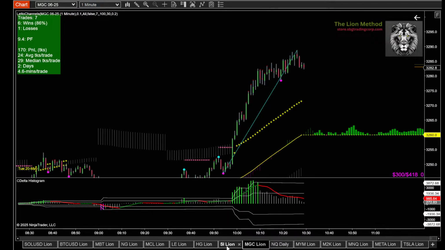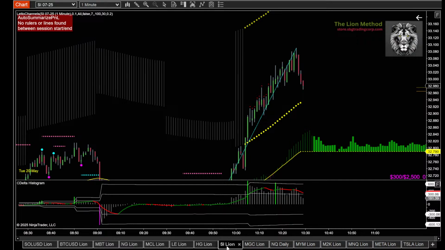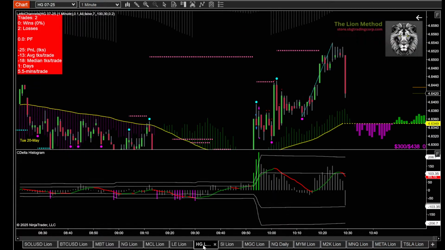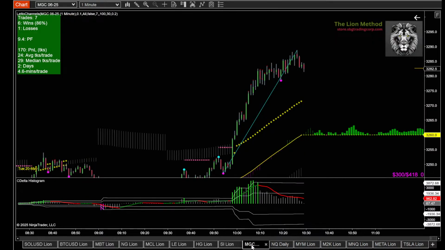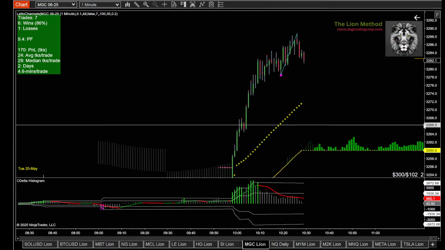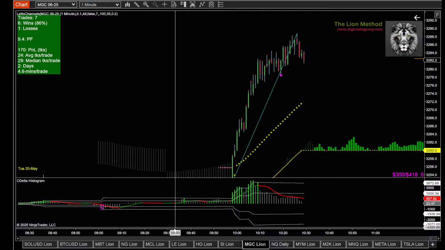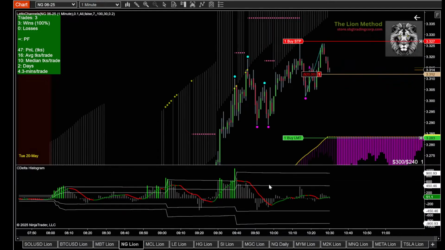We were getting toppy there. Gas is almost at break even, I can see. Here's our net gas trade, guys.